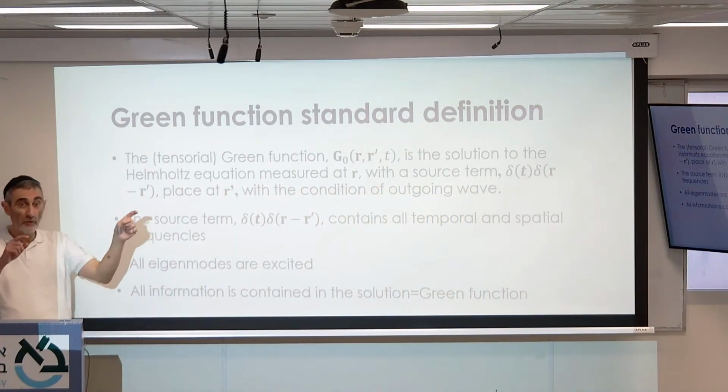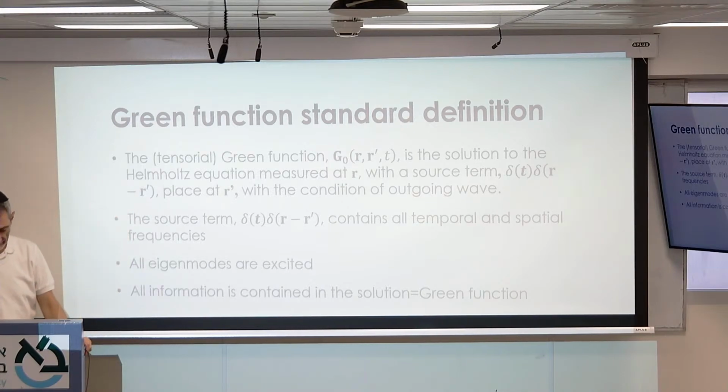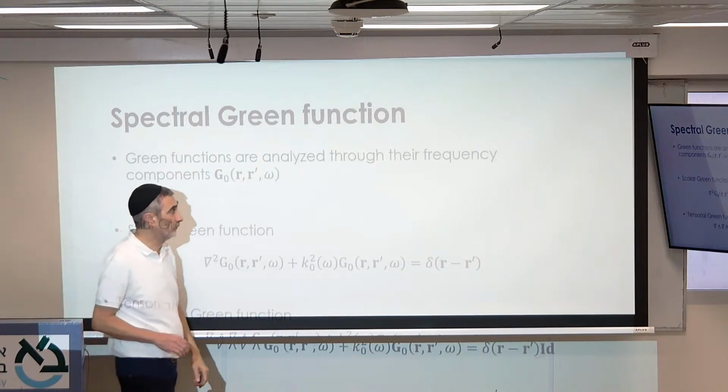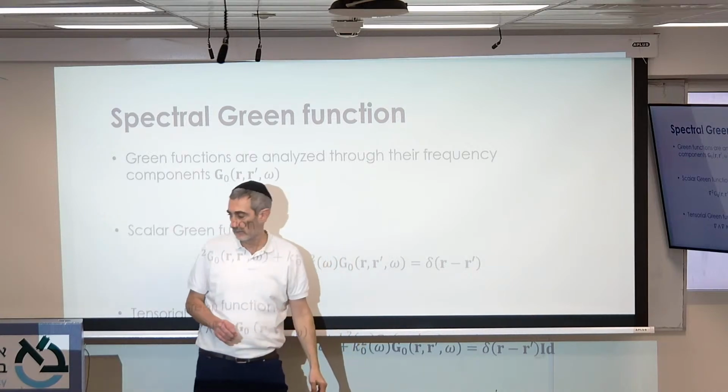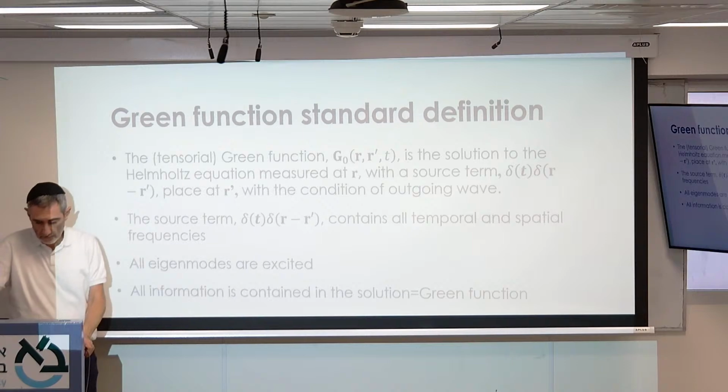But you have to probe all the pairs, all the R, R prime pairs. So, you said that all of the information is already in the Green function, right? Right.